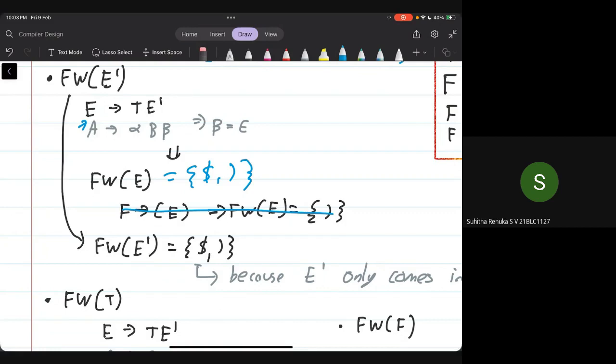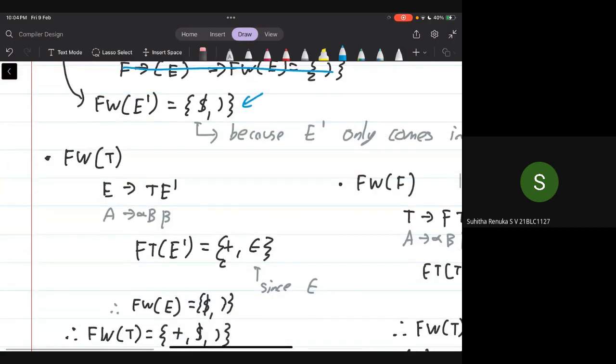So follow of E dash is equal to dollar and closing bracket. E dash is done.